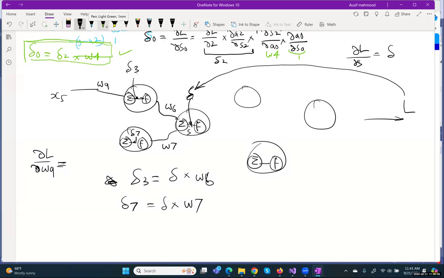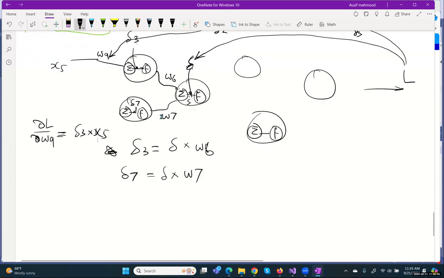We are interested in the partial of the loss with respect to this one. Remember, this is very close to this neuron where we are calling the middle delta 3 in this example. So this will be delta 3 multiplied by X5, whatever the previous input is. Okay. So it makes it very easy, right?